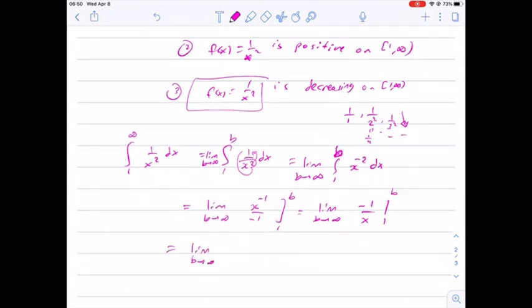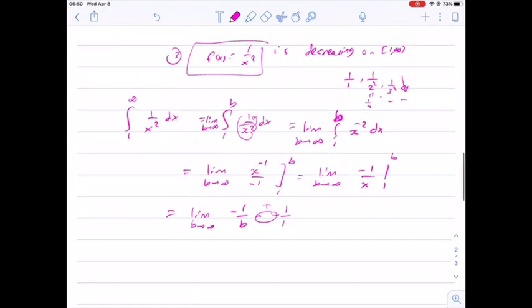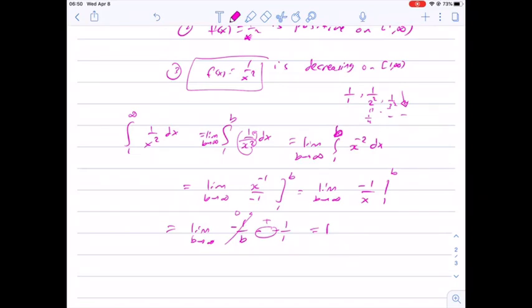Now substitute b, you get -1 over b, minus substitute 1, you get -1 over 1. Now substitute infinity, you get 0 here, and 1. That's the value of the improper integral. So the improper integral is convergent. That means the series 1 over n squared is convergent.